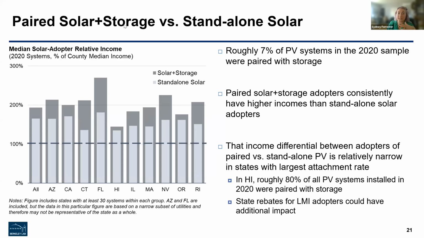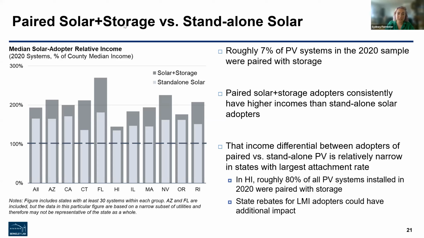So what you can see here is that consistently across all geographies, for the most part, the solar plus storage adopters do have consistently higher incomes than those with standalone solar. And again, that might make sense because there is a price premium for storage and sometimes it doesn't pencil out economically.